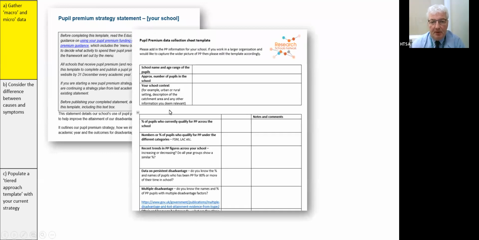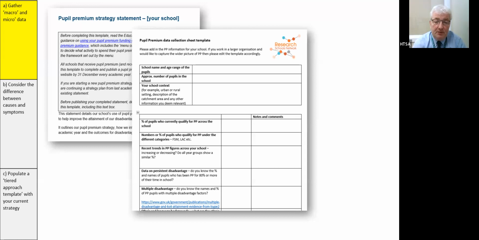The first one that we're suggesting you look at is, how well do you know your students? How well do you know the pupil premium cohort, the disadvantaged students in your school? On the Padlet, there is a copy of this document. This just asks you to find some data so that you can start thinking about the sense of scale of this.